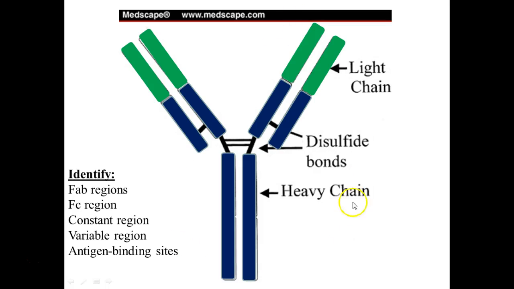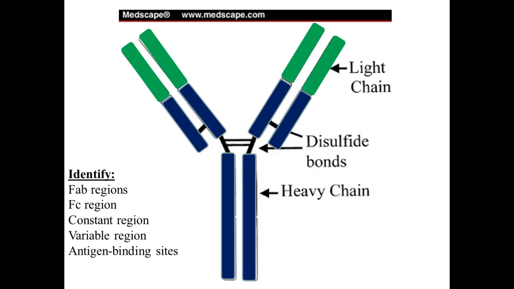This portion of the heavy chain, which is in the FC region, again, it's going to be pretty consistent. But this is the portion that's going to determine the 5 different classes of antibodies, the 5 different types of antibodies. So depending on what type of antibody this is will determine what constant region. And for each group of antibodies, again, this is consistent. It's constant.